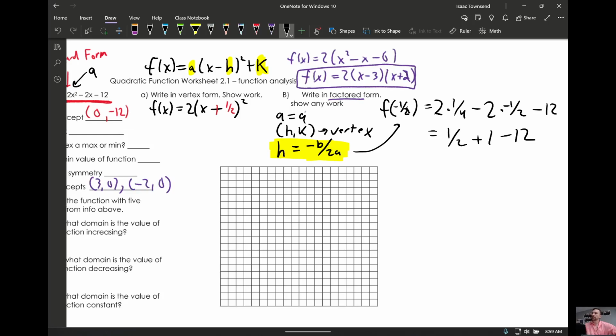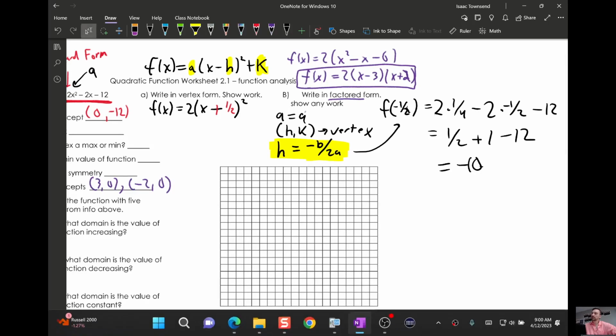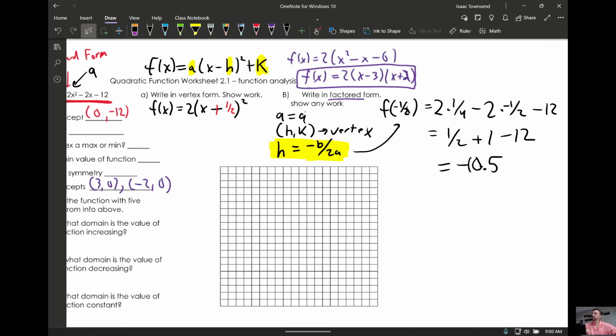Looks good. Okay, so this would be negative 11 plus a half, or negative 10.5. Does that sound right? Okay.